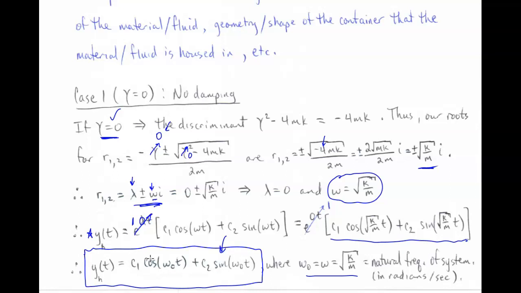If you want to use another example, think of playing the guitar: you hold the string in place and then you let it go. Once you let it go, no other force is applied, and the string just vibrates back and forth on its own. And if we had no dampening, then that string would continue to vibrate back and forth forever and ever. So that's what we're seeing here with this homogeneous solution.